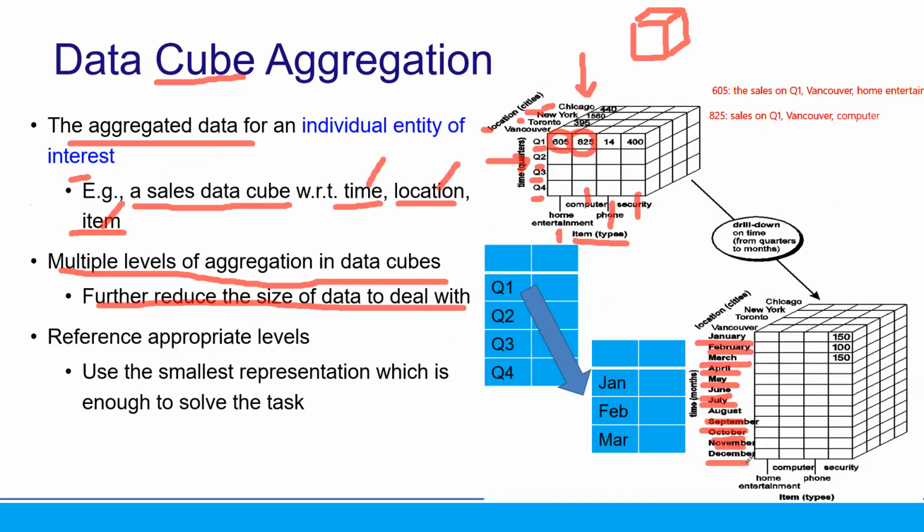If we analyze all of those, can we reduce or aggregate it? Okay, I can aggregate into quarters. January, February, and March can be aggregated into Q1. April, May, June can be aggregated into Q2. So if I have the data on January, February, March for security, 150, 100, and 150, then I can just accumulate. The total sales in Q1 is 400. Okay.